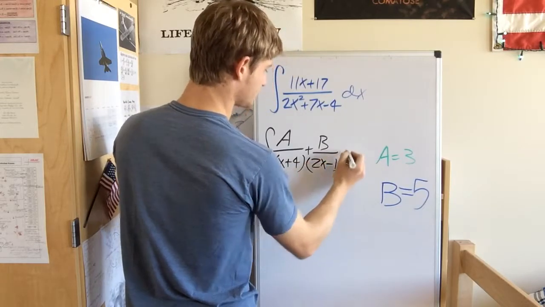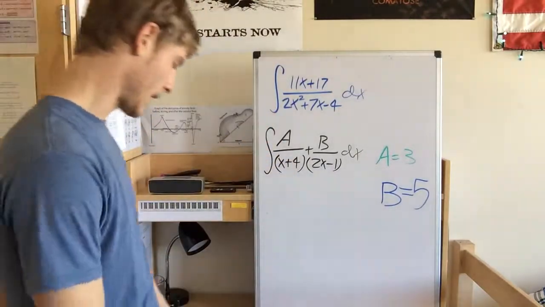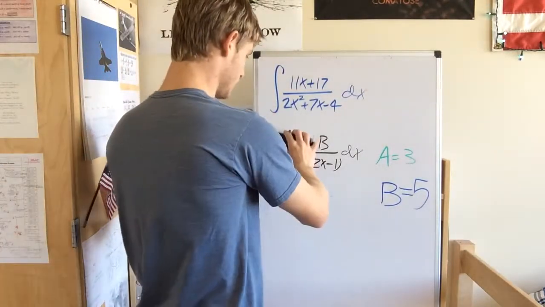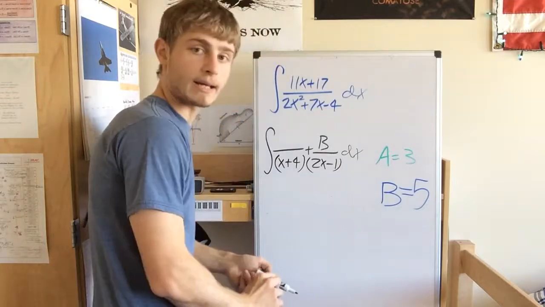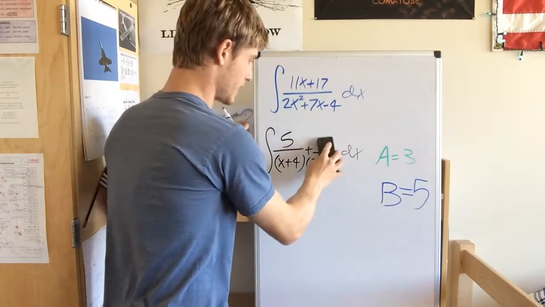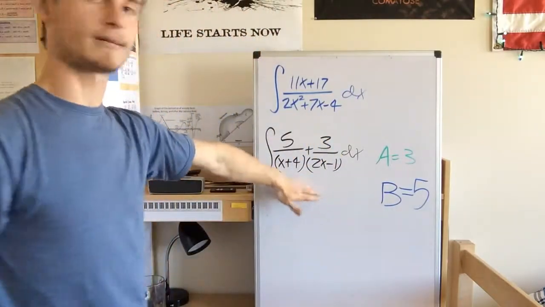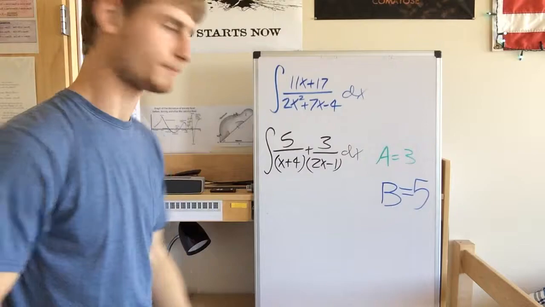Yeah, that was it. And then we're going to plug in for a. So a, well, a is 5. And b, well, b is 3. That looks like something that we know how to solve.